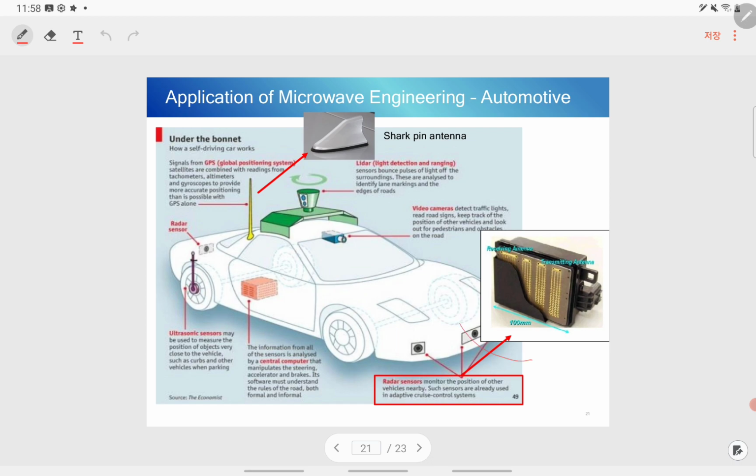And this is the radar system implemented in the automotive car. It utilizes about 70 gigahertz, a very high frequency. The reason we use high frequency is that we want to detect very small objects, right? In the car, you see this kind of shark fin antenna used for communication.